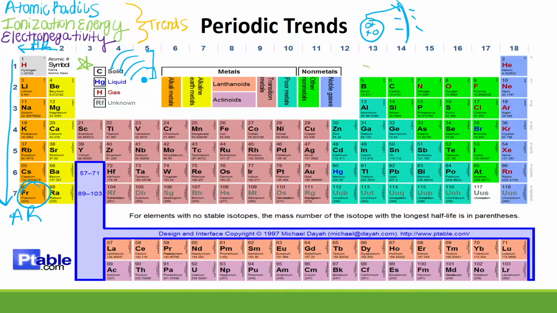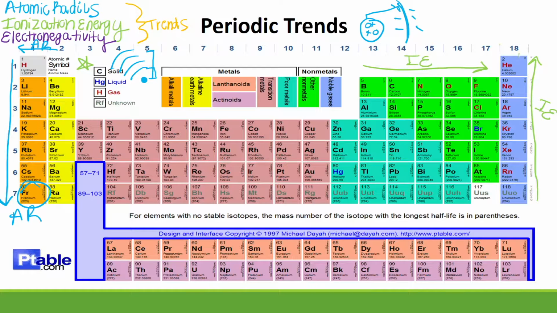So when we're looking at ionization energy, it's going to increase as you go this way, and also as you go from down to up. That is because when you have shells of electrons, the electrons are further out, like in francium on the outside, and they have less desire. I guess you could say it's easier to take them off than if they're held in really tight.